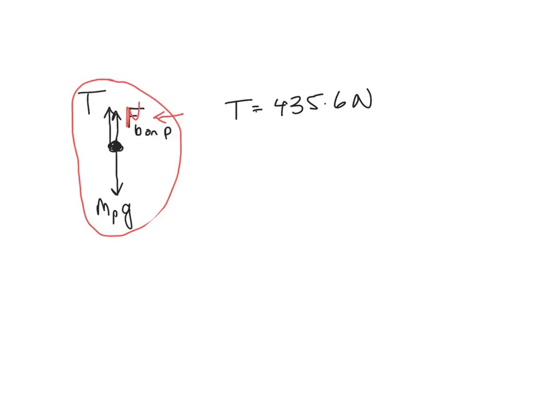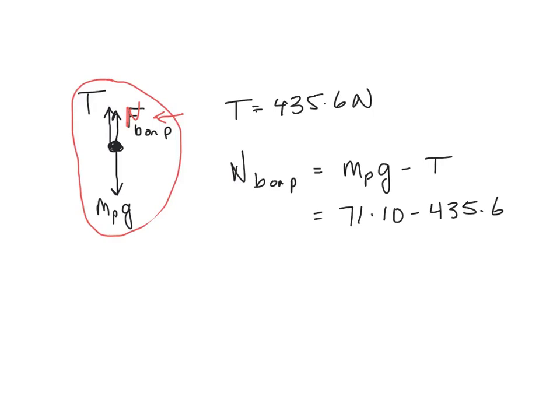Okay, so this equation was, actually we called it a normal force. Normal force of beam on professor is going to be equal to the mass of the professor times g minus the tension. So that's going to be equal to 71 times 10 minus 435.6.